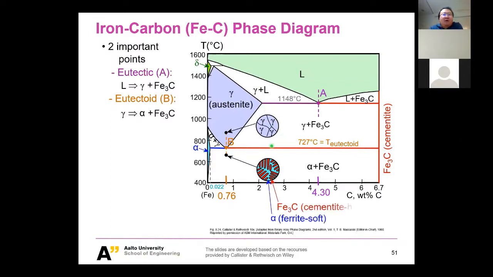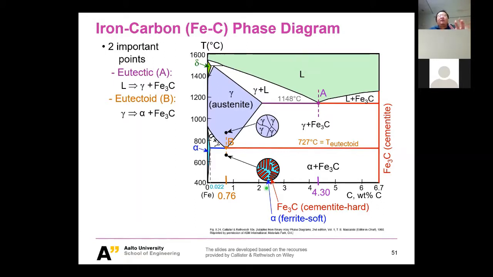And when you cool it down, similar to what you got from the eutectic reaction, for the eutectoid, you will also get such a microstructure. You will also get this laminar microstructure. So you have the alpha plus cementite, just layer by layer. So they're completely controlled by diffusion. Yeah, this is the choice of nature.